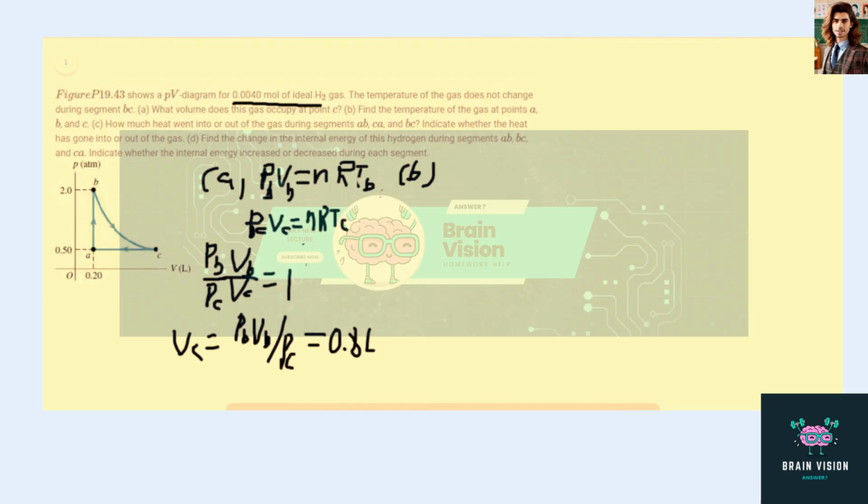Part B, we need to find the temperature at the three states. At state B, again, we have this state equation, right? And we can read the VB from the diagram. We also know the amount of gas, and R is a constant, so we can calculate TB directly.